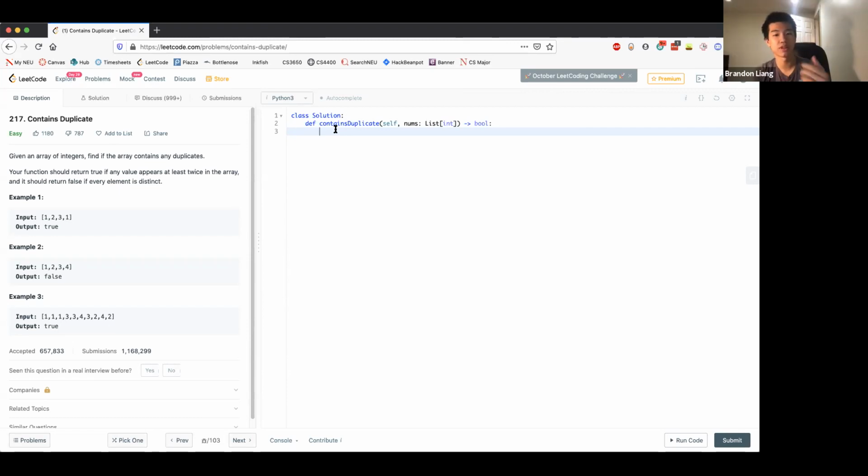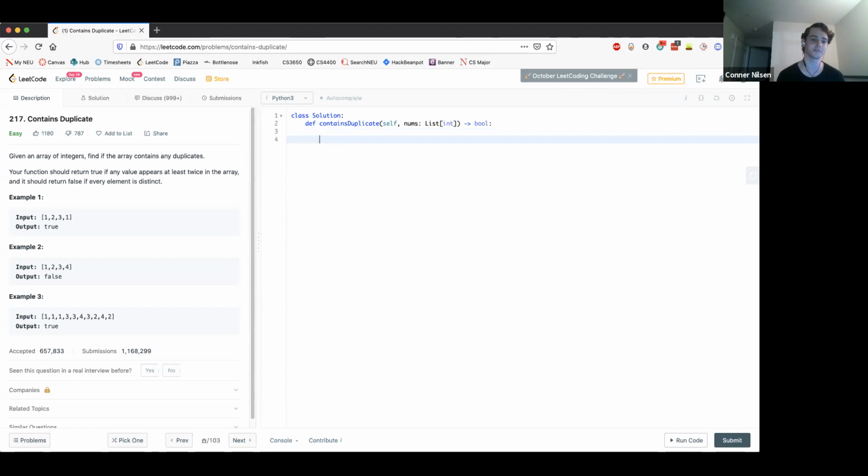Okay, what would the code for that look like? So we just start off by throwing in a for loop. We'll do it by index, because we'd like to skip all the items prior to this one. And then we want another for loop so that we can compare to all the other items.